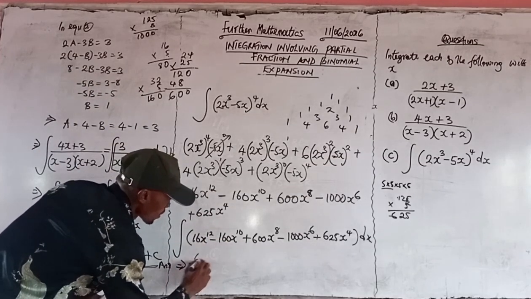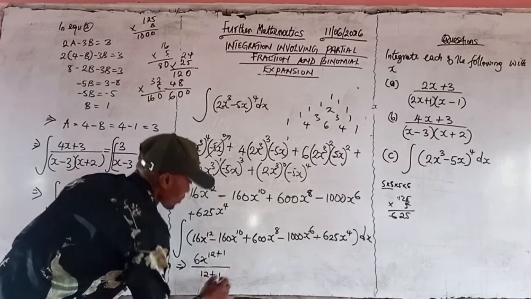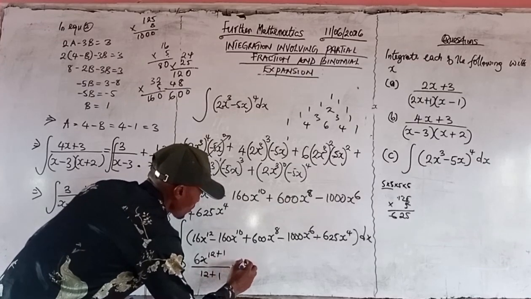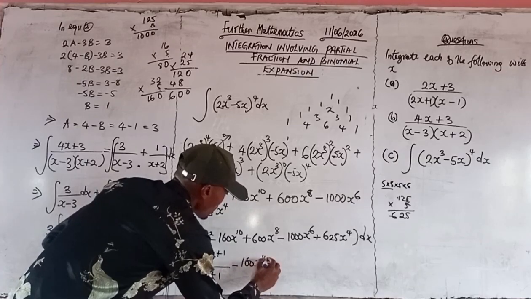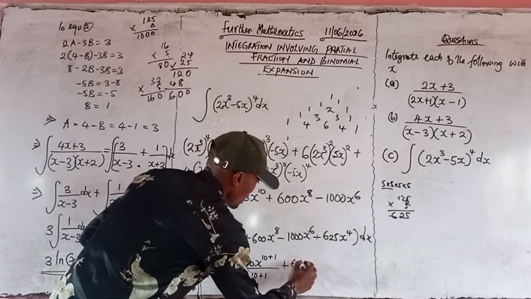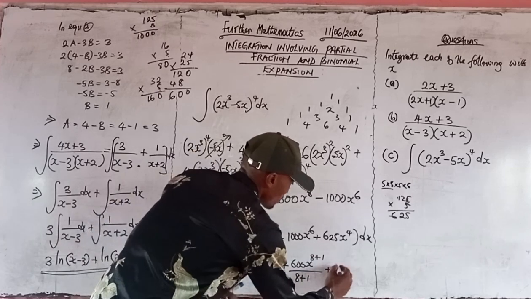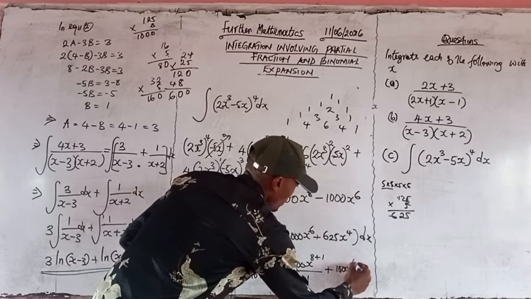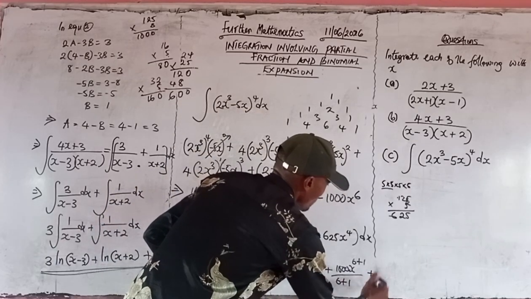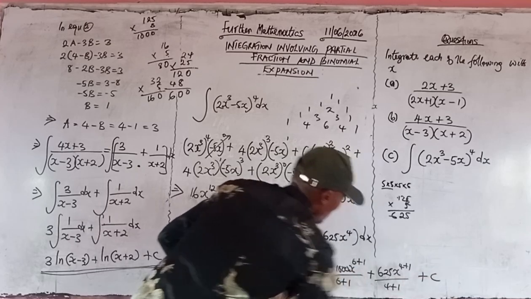So this is equal to 16x to the power 12 plus 1 over 12 plus 1, minus 160x to the power 10 plus 1 over 10 plus 1, plus 600x to the power 8 plus 1 over 8 plus 1, plus 1000x to the power 6 plus 1 over 6 plus 1, and minus 625x to the power 4 plus 1 over 4 plus 1, plus c.